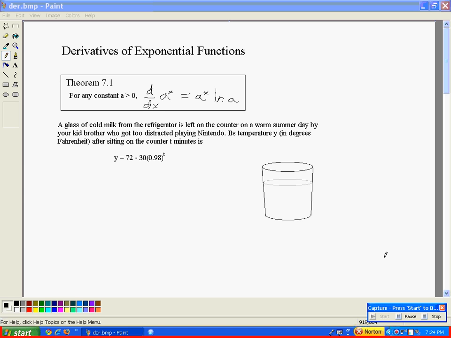We can ask ourselves, well, what was the temperature of the fridge? Well, the temperature of the fridge was probably the same as the temperature of the milk as soon as we took the milk out. That means that the time spent outside would be essentially zero, right? So if t is 0, then 0.98 to the 0 would be 1. Anything to the 0th power would be 1. So 1 times 30. So we have 72 minus 30.